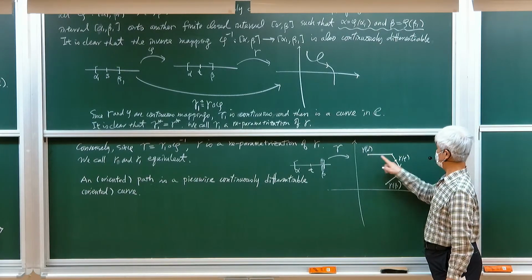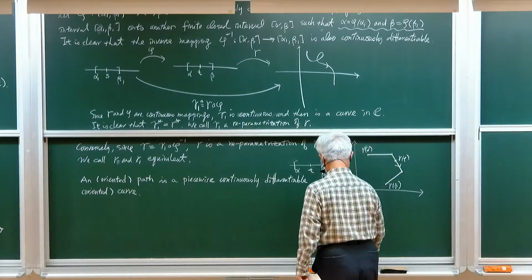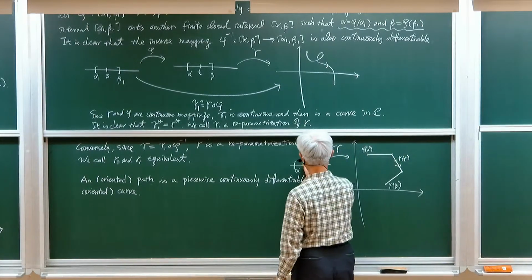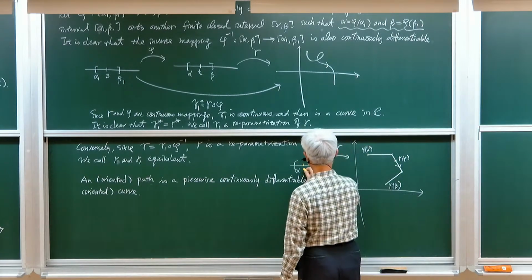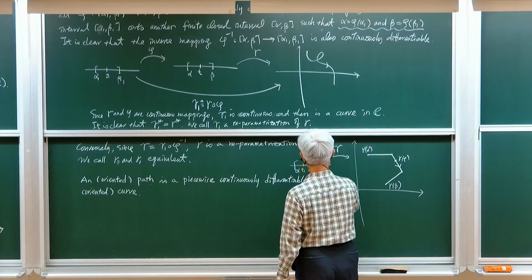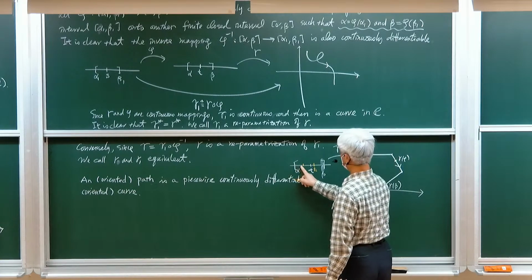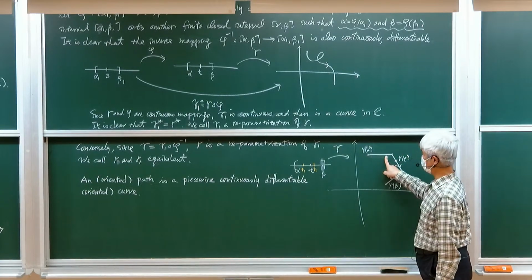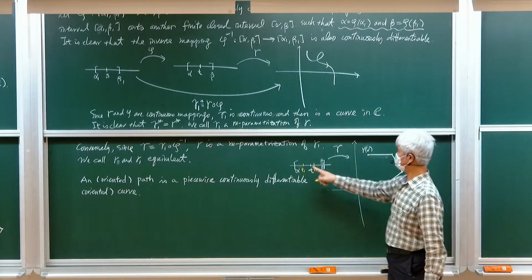right? Because in this range, you can divide the parameter interval into 3 parts, so that you have T1 and T2 here. You can see that in this interval it's just a line segment, so it's continuously differentiable in this subinterval.